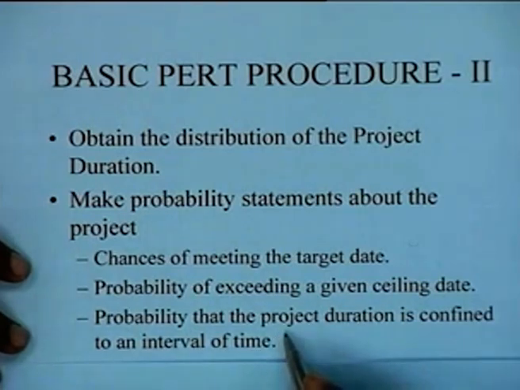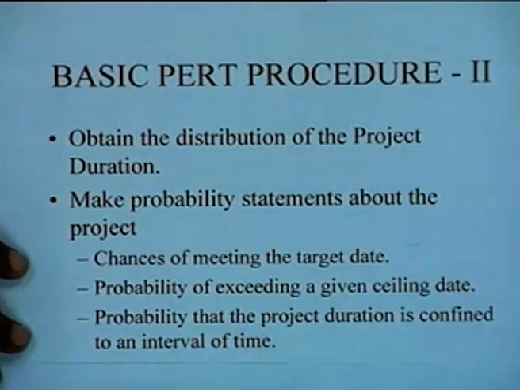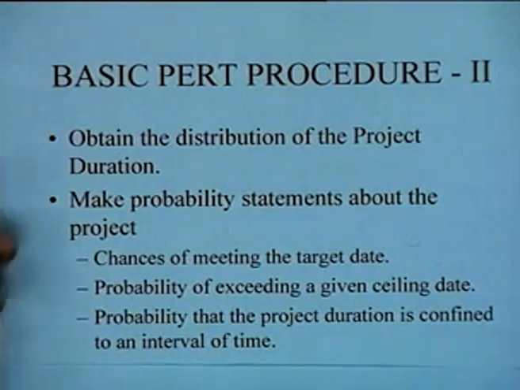That means what are the chances that the project would be completed between 3 months and 4 months? If you were interested in answering this question, you could answer these questions very exactly by making appropriate probability statements from the distribution of the project duration.